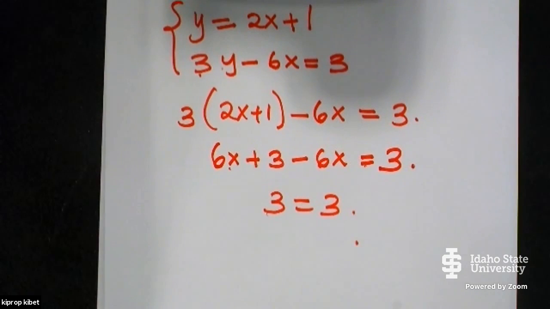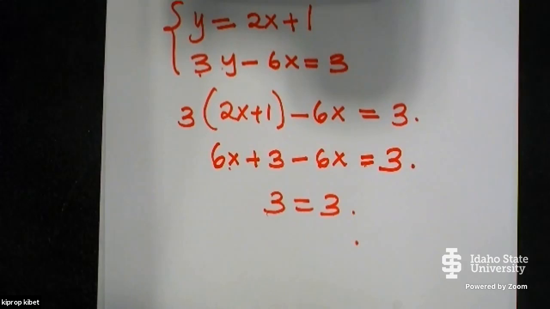So from there, what can we see? That means they are on the same line. So therefore, we have an infinite number of values of x and y.